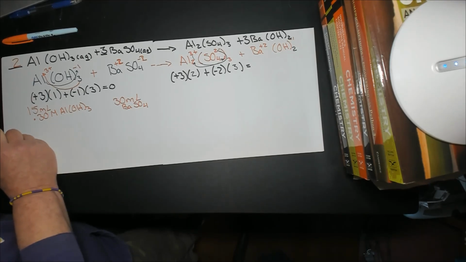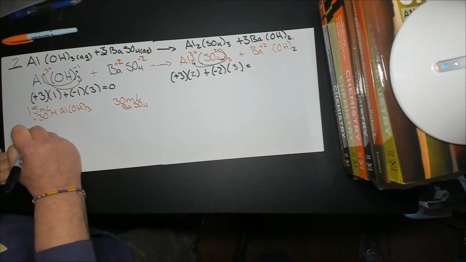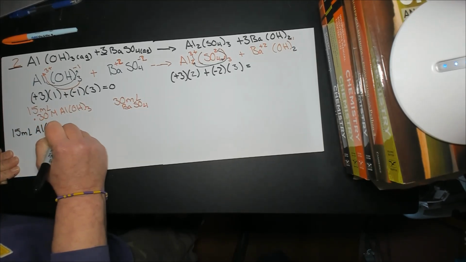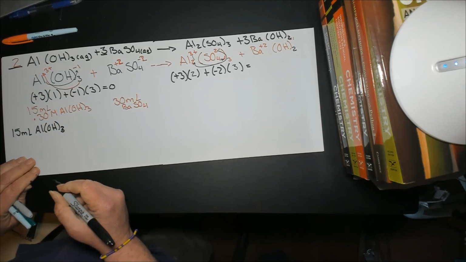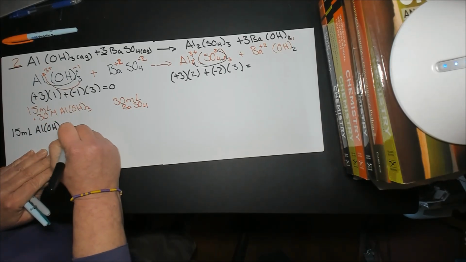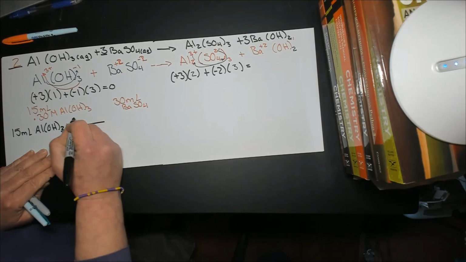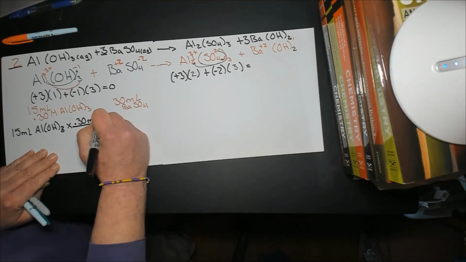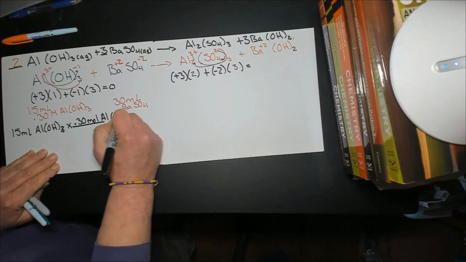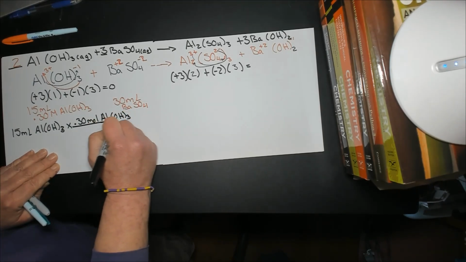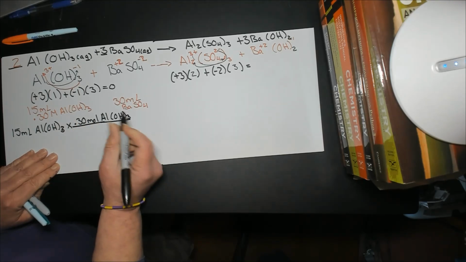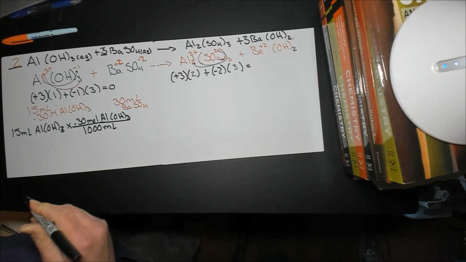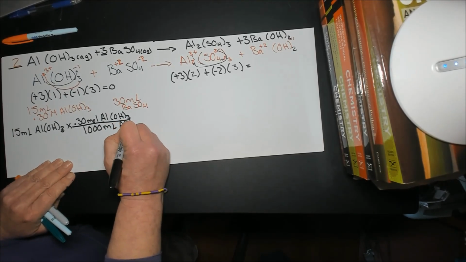I have 15 milliliters of Al(OH)3, and, well, this is just a conversion factor. So that says that I have 0.30 moles of Al(OH)3 per, and instead of writing it in terms of liters, I can just go ahead and write that as 1,000 milliliters of Al(OH)3.